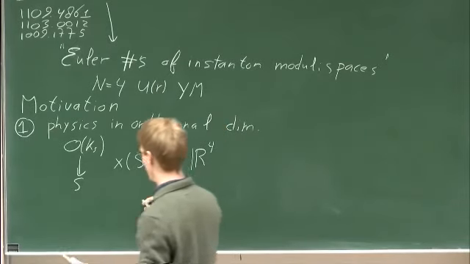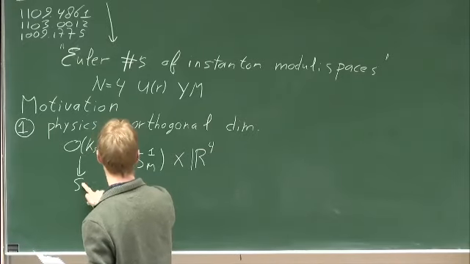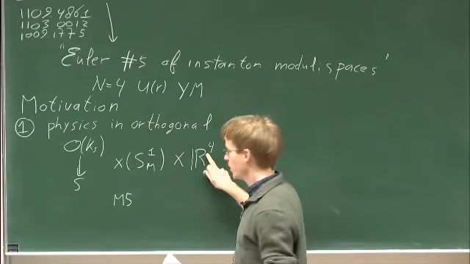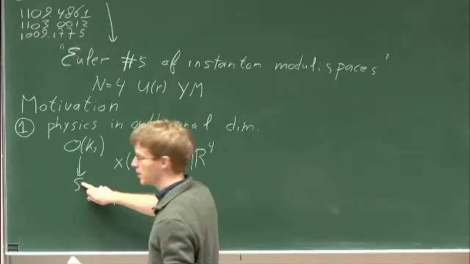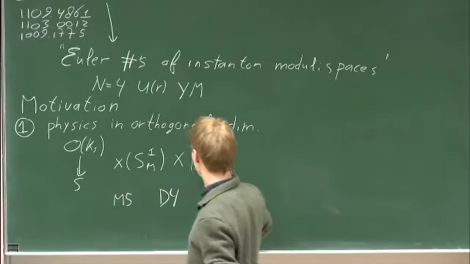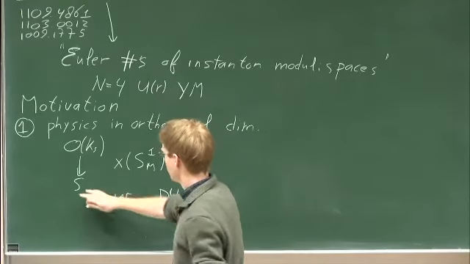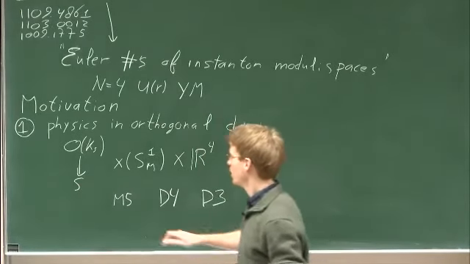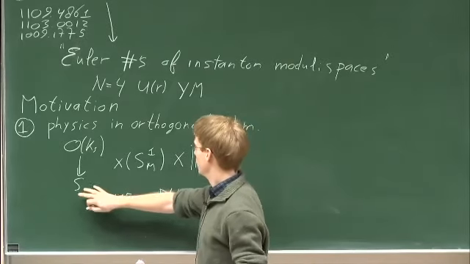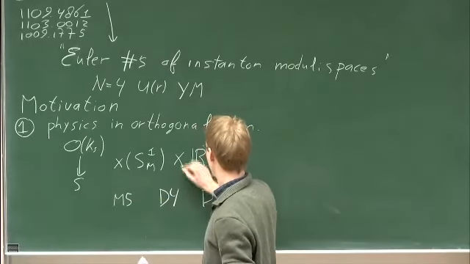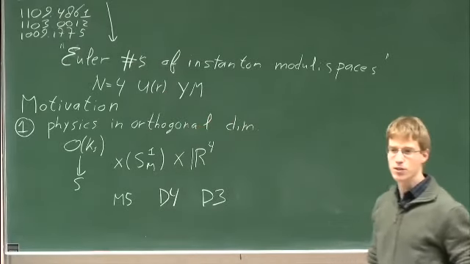Now all the systems of, say, M5 branes wrapping the surface and the M theory circle and a direction in space-time, or D4 branes in type IIA theory, where the D4 branes wrap space-time times a line in R4, or the D3 brane instantons, which just wrap the surface, are all expected to have in some way or another corrections to the space-time theory that involve the Euler numbers of these instanton moduli spaces.